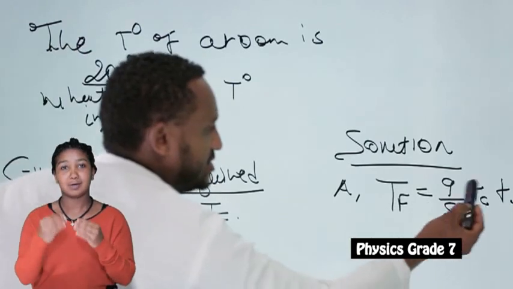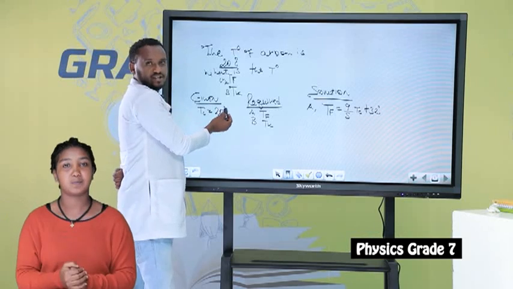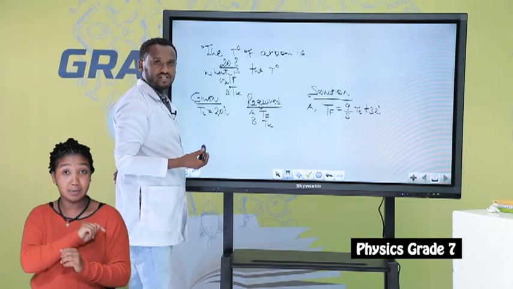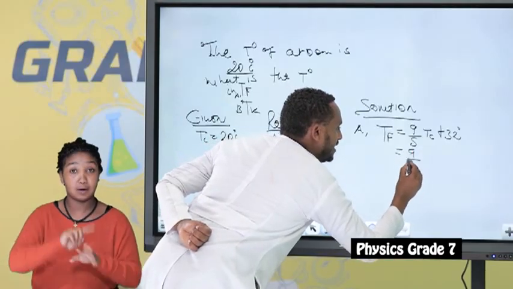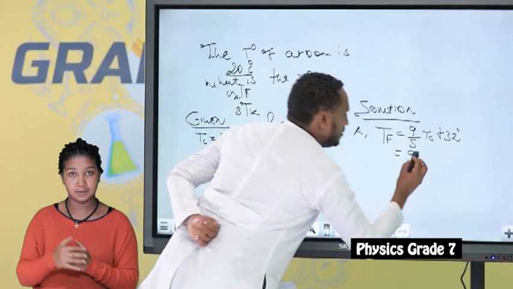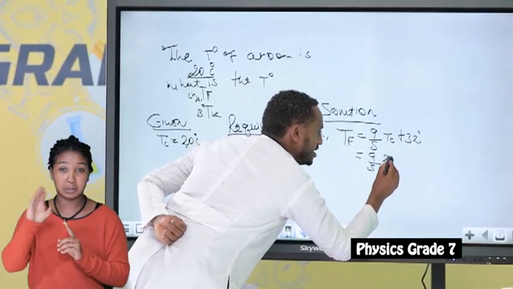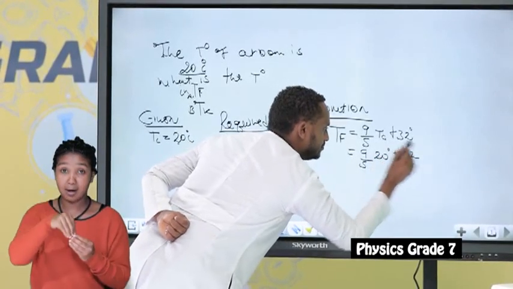Instead of temperature in Celsius, we can substitute 20 degrees because our temperature in Celsius is 20 degrees. So 9/5 times 20 plus 32.